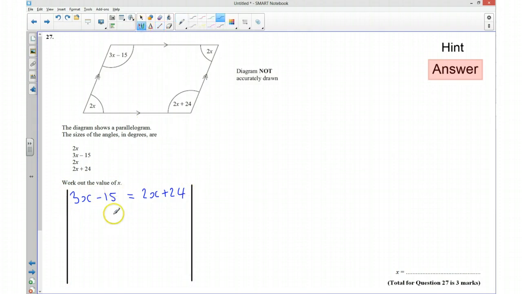In order to solve this equation, first of all, I'm going to add 15 to both sides, because we want to get rid of that take away 15. So if I add 15 here, I also need to add 15 here. So this here is going to become 3x, and this here is going to become 2x plus 39.